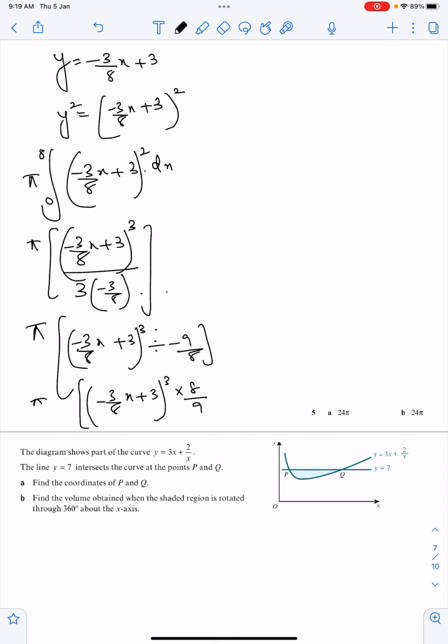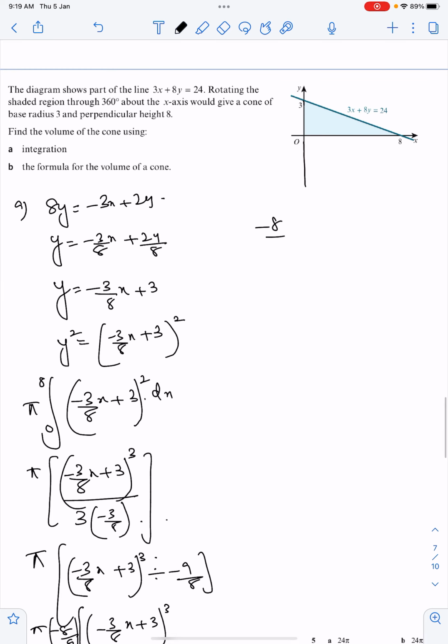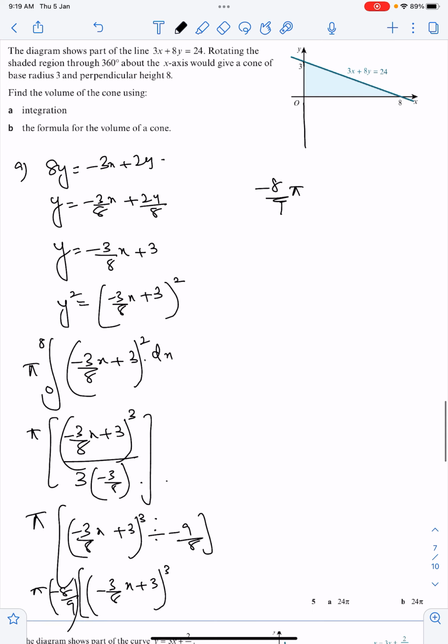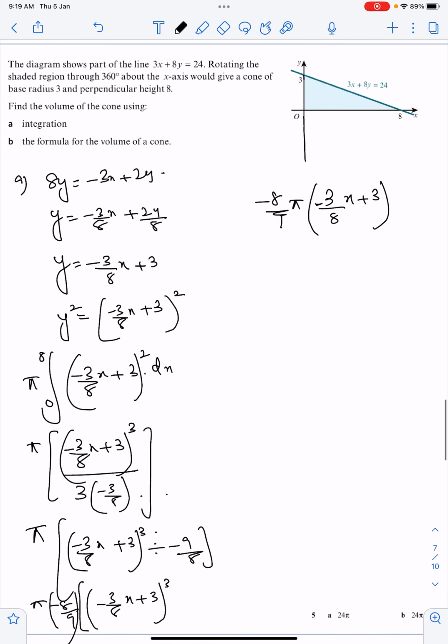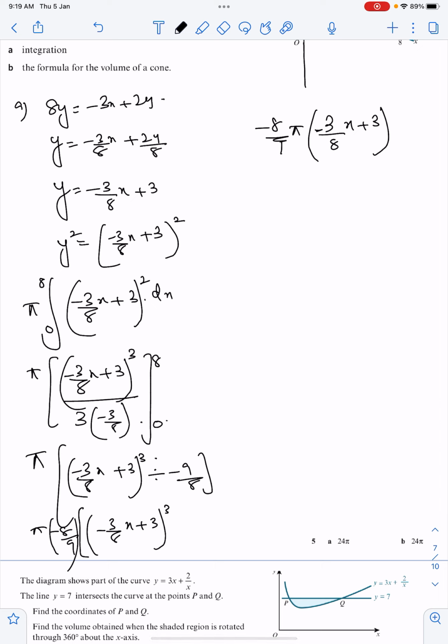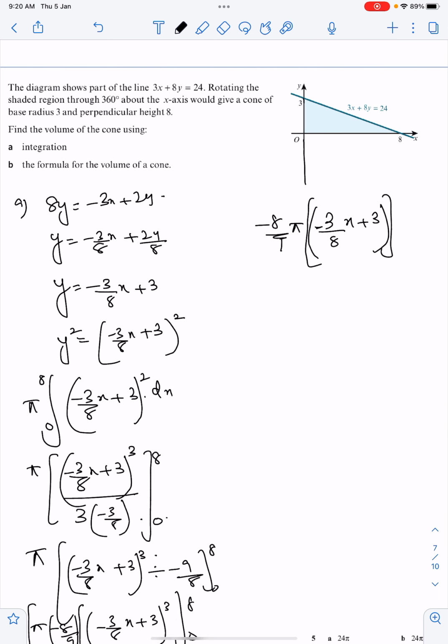So I can simply write this 8 upon 9 here, multiplied by negative 8 upon 9 here. So minus 8 upon 9 pi, since it was a constant I have taken it out, and I have to apply the boundaries now on this bracket. The boundaries are going to be 8 and 0. So I am applying the boundaries here.